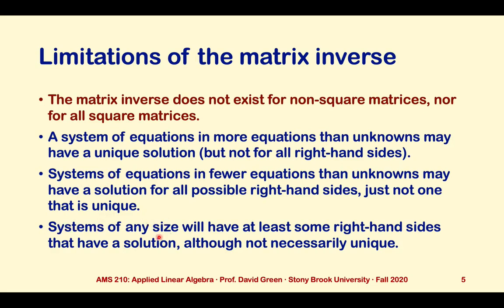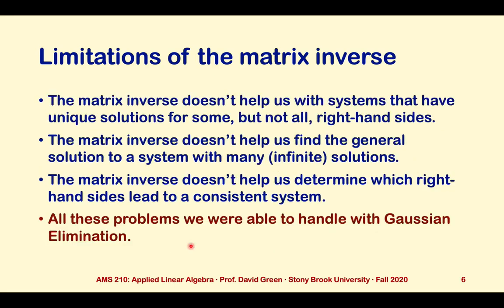And systems of any size, more equations than unknowns, fewer equations than unknowns, or equal numbers, will always have at least some right-hand sides that have a solution, perhaps not a unique one, but there is always a solution to some right-hand sides, and the matrix inverse doesn't let us deal with that more general problem.